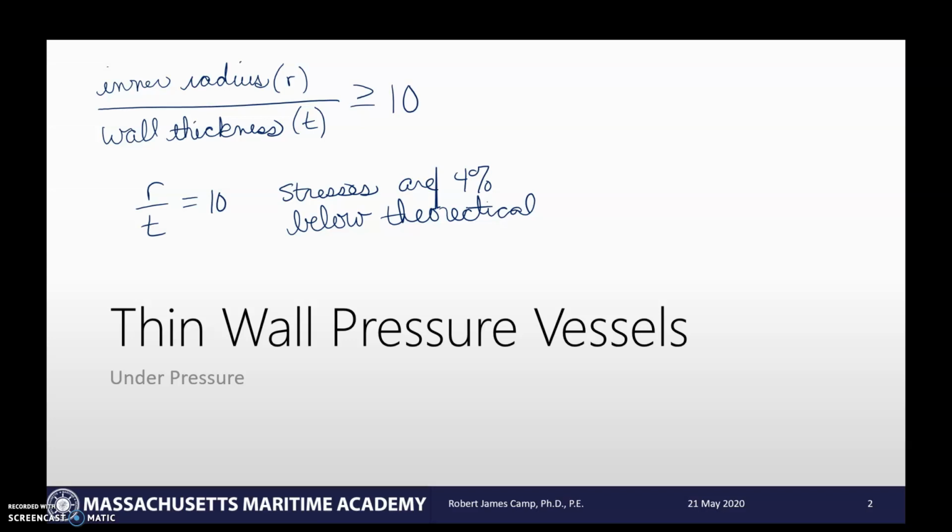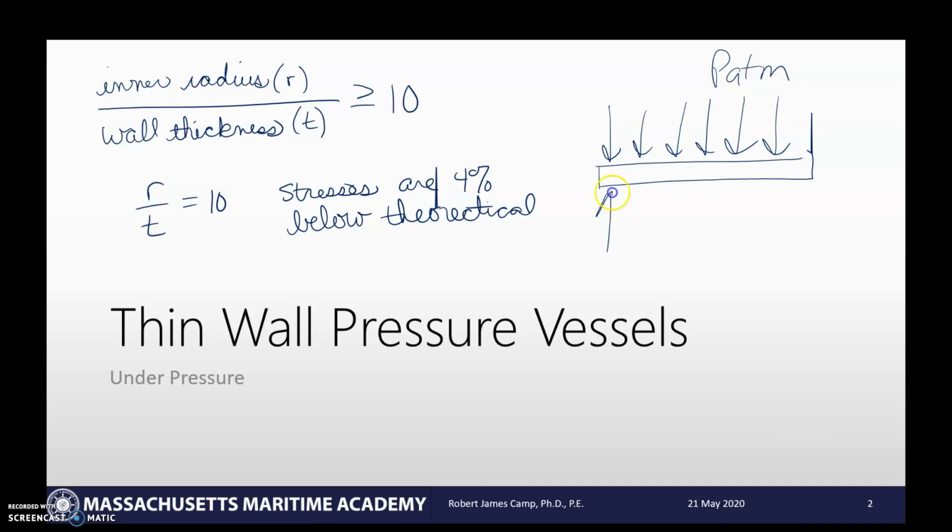Okay, so as we start looking into these pressure vessels, we need to talk about pressure just a little bit. I know this is something that will come up when you take a fluids class, but everything we're going to be dealing with is what's called gauge pressure. Gauge pressure means that we're not looking at atmospheric pressure; everything's in relation to atmospheric pressure. If I've got the outside of the tank, I'm pushing on it with atmospheric pressure.